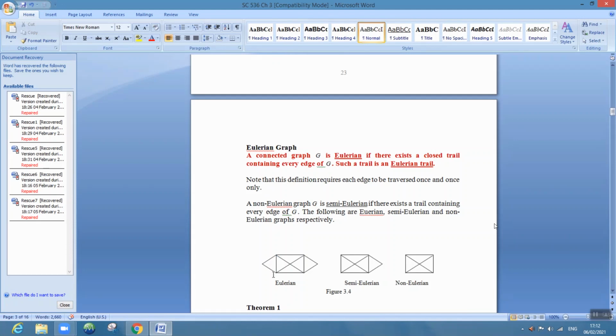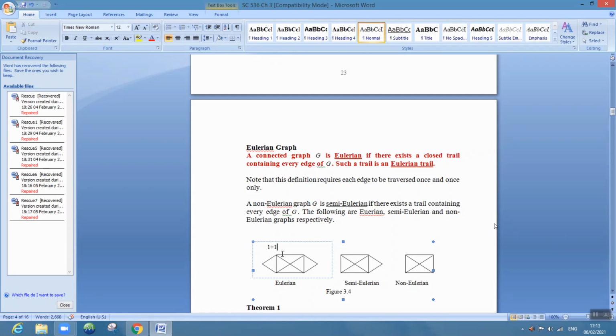So you can see in the Eulerian one, when you go to the vertex, you have to go out. To find a closed trail, you have to go to the vertex and come out. When you reach the vertex, you contribute 1 to the degree. When you go out, again you contribute 1.